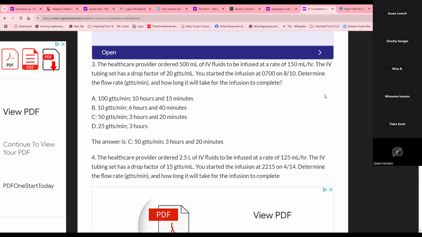For this one, I was able to get 3 hours and 20 minutes using the same method I always use. When you do 500 divided by 150, you get 3.333.